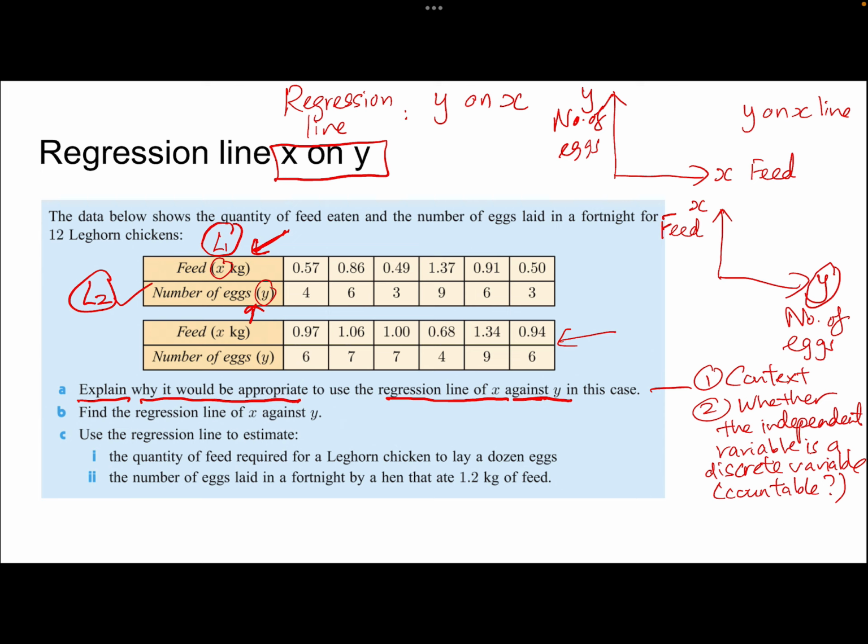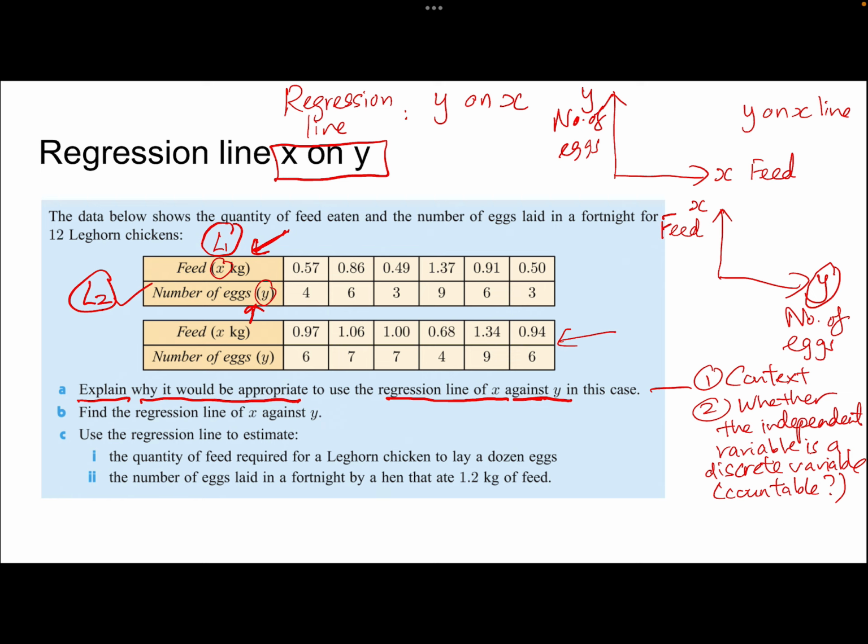But now we're going to swap this. We will do a little swap. So instead of putting the x under L1, we're going to have the x under L2, and we're going to have y under L1. So that means we're going to do a little swap here to have the values. So hopefully that makes some sense to you, the intention on how we could actually do this with the GDC as well.